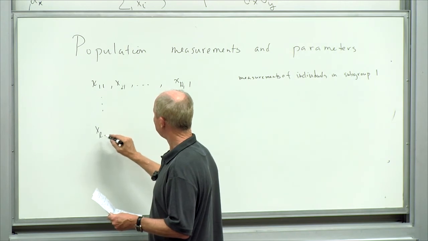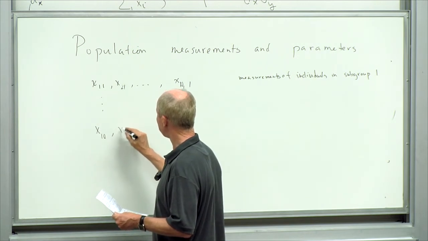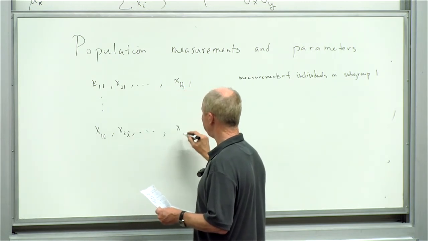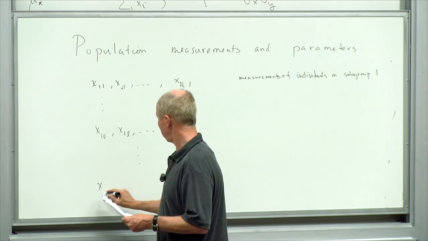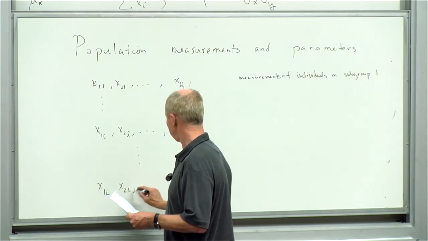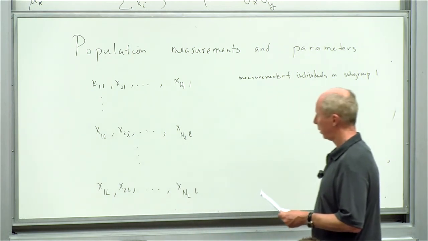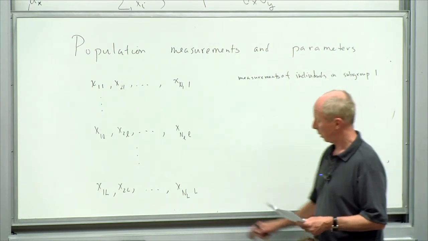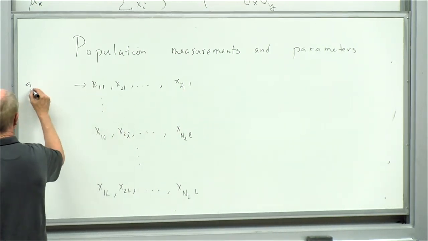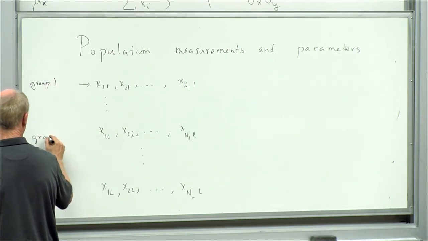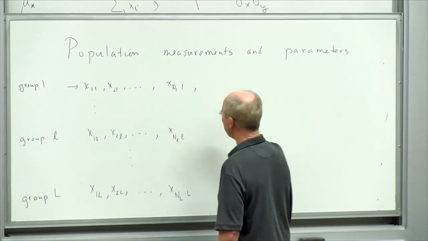Group L: this would be the measurement of the first individual in group L, the measurement of the second individual in group L, up to the measurement of the last individual in group L. Okay, and then in each group we take the population parameters.